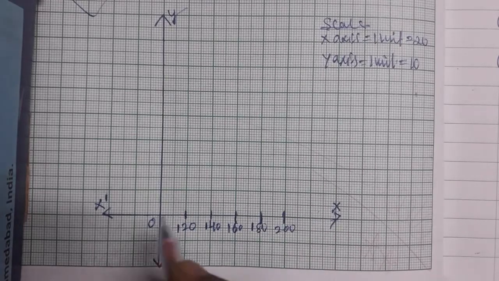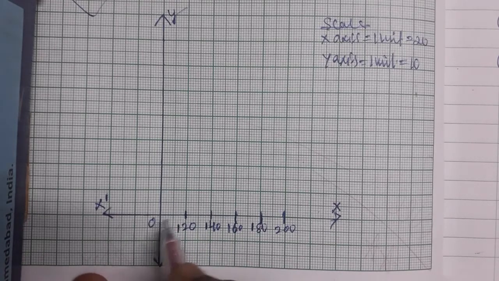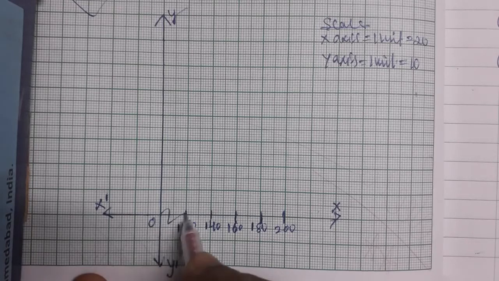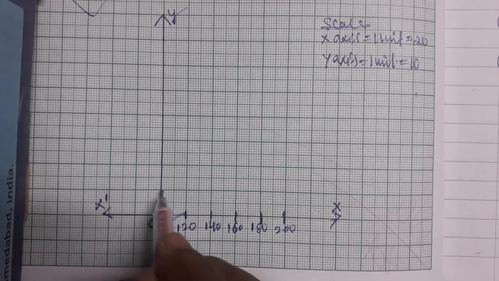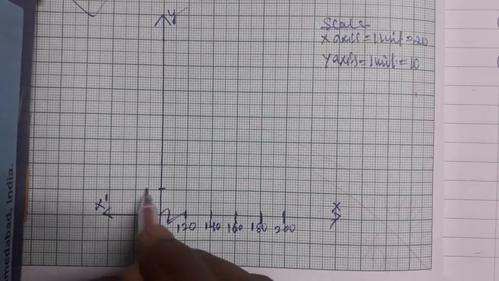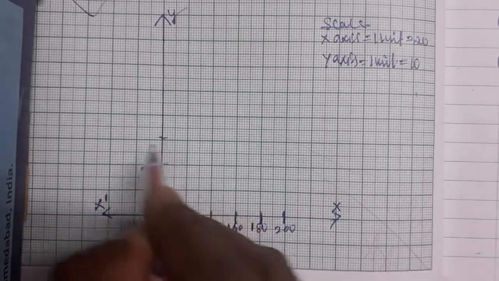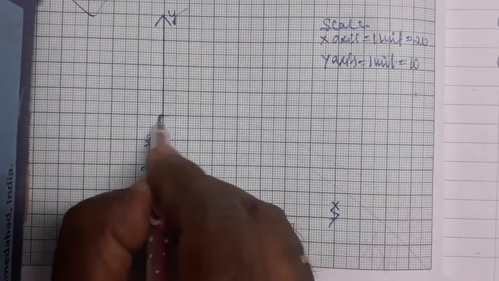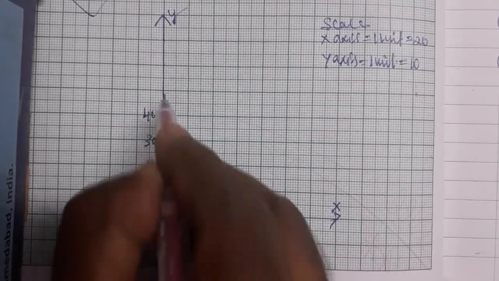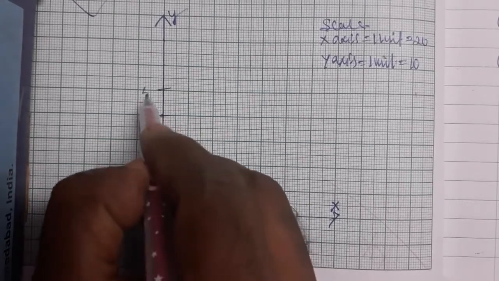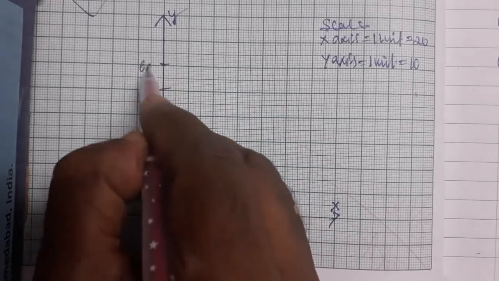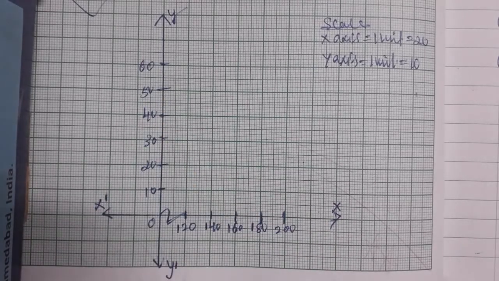You have to complete everything with the help of a pencil only, because it is not starting from 0. If you want, you can write a spring here like this. Next, the first reading on the y-axis is 10, this is 20, this is 30, this is 40, this is 50, this is 60. If you want, you can have one extra reading, no problem.